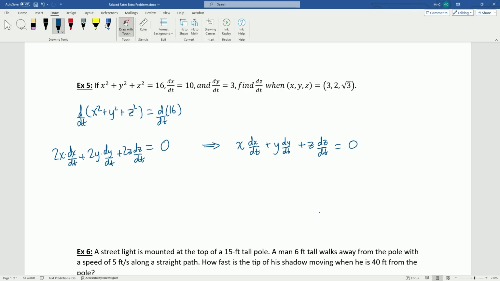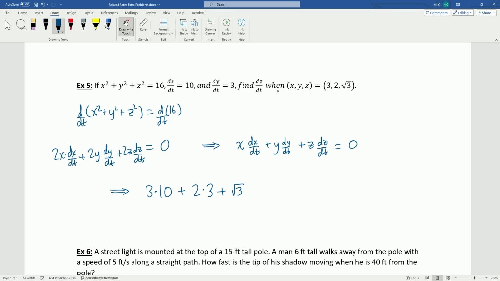Now, what we want to solve for is dz/dt, and we know values for everything else, so let's just go ahead and plug those other values in, then we'll do the algebraic solving at that point. So x is going to be 3. dx/dt was given as 10. y is 2. dy/dt is 3. z is the square root of 3.